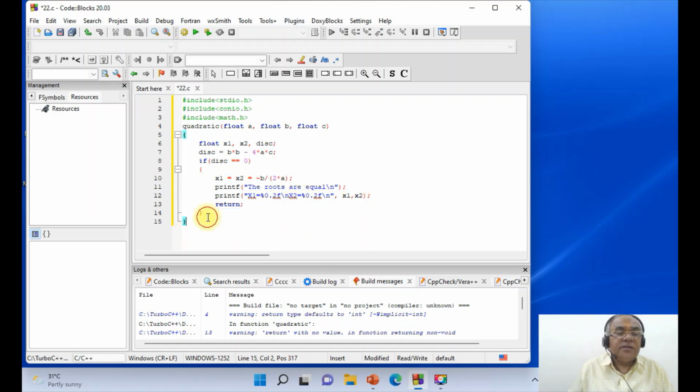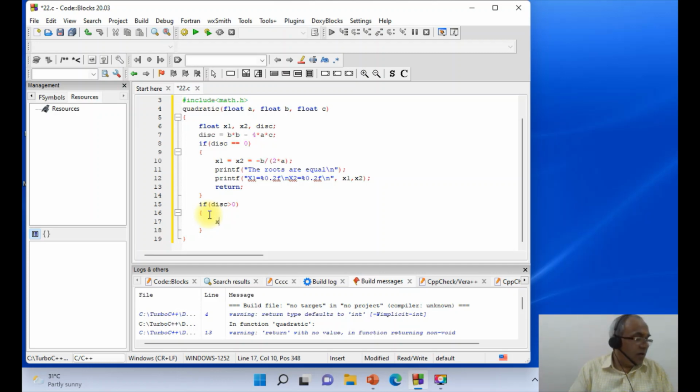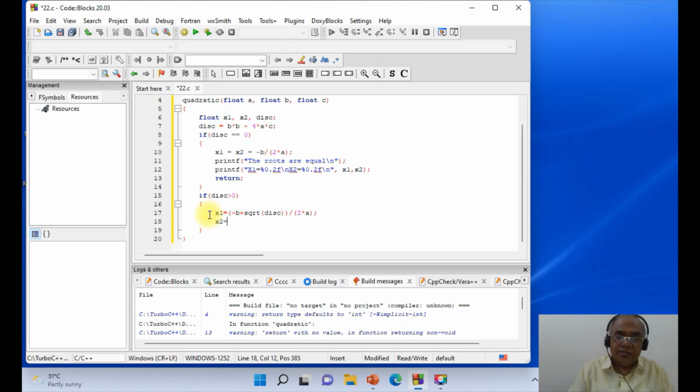Then you go for if the discriminant disc is greater than 0. If disc is greater than 0, then x1 equals minus b plus SQRT of the discriminant value, divided by 2 star a. Then x2 equals minus b minus SQRT disc by 2 star a.